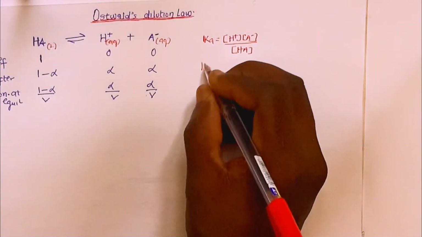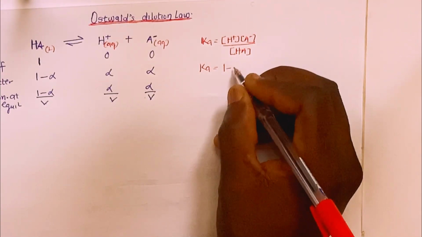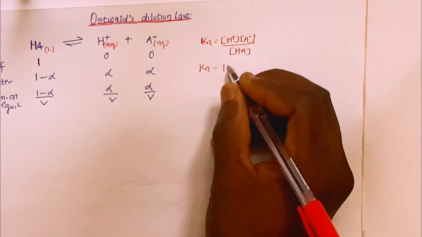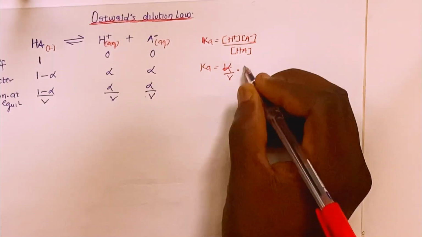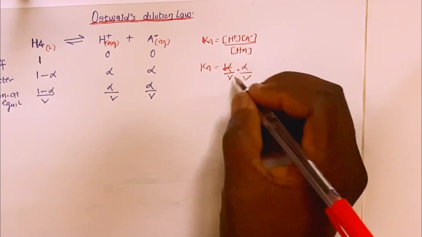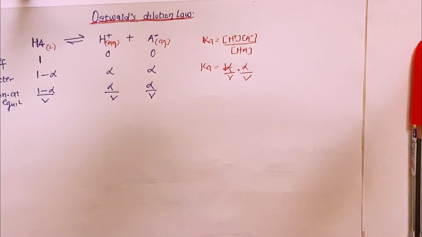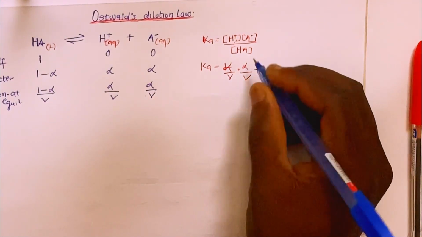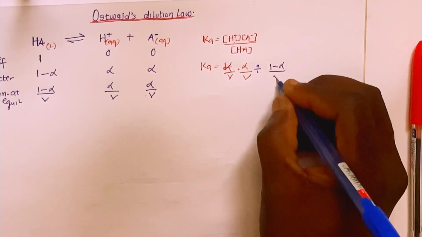So my Ka equals, it's actually alpha over volume multiplied by alpha over volume, which are the concentrations of the hydrogen ion and the base, divided by HA, which is 1 minus alpha divided by volume.